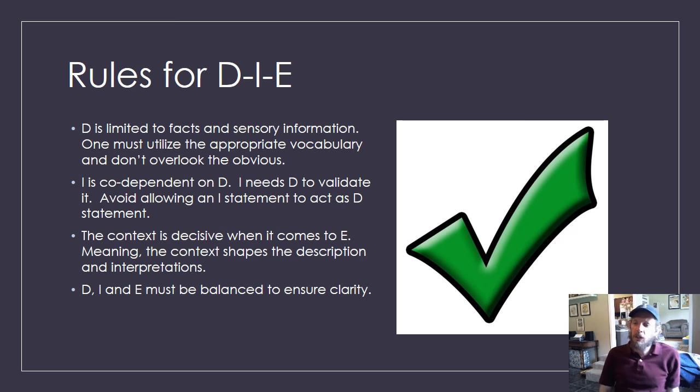I is codependent on D. They can't say, oh my gosh, this is so wrong. Well, what's wrong? What's wrong? Go back and tell me. Logically, what are you looking at? Okay. I needs D to validate it.